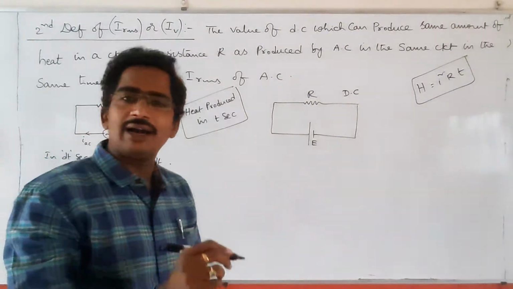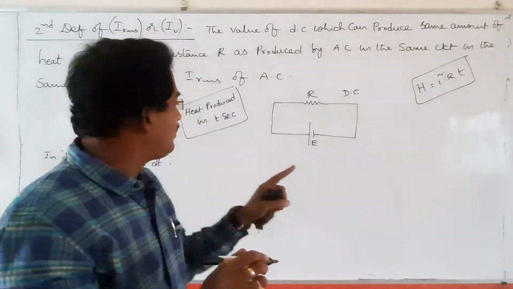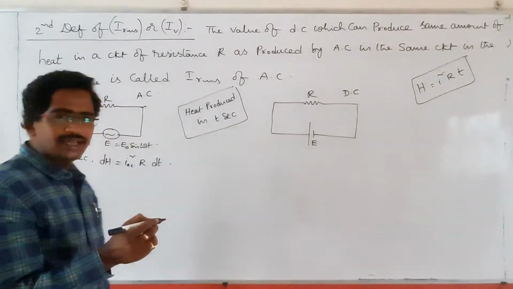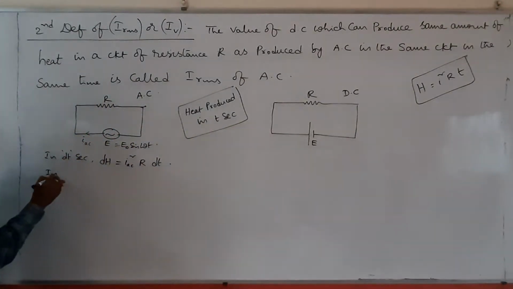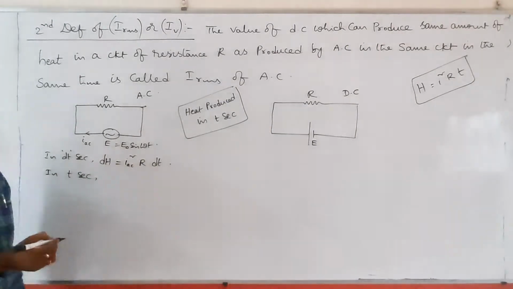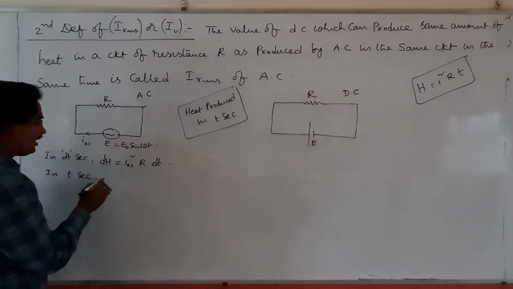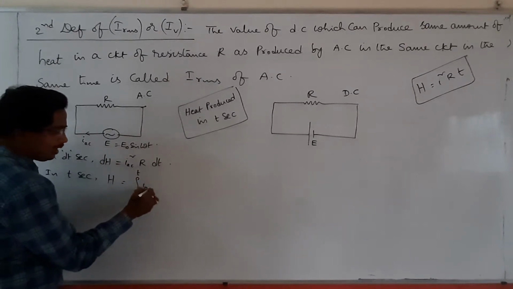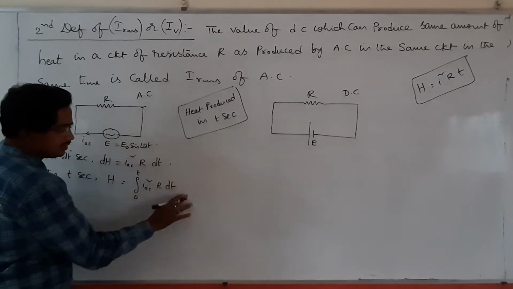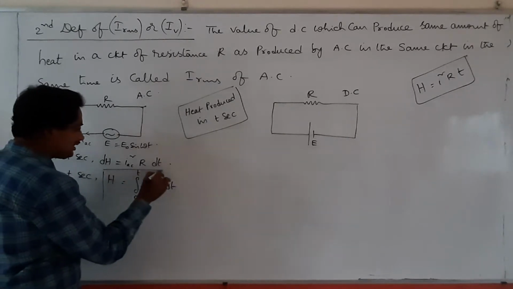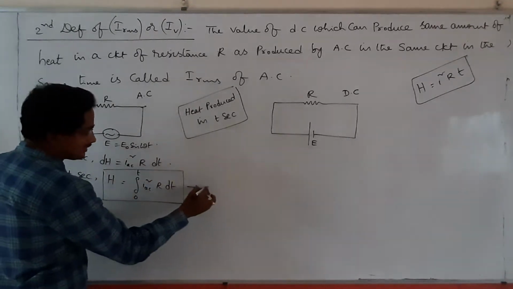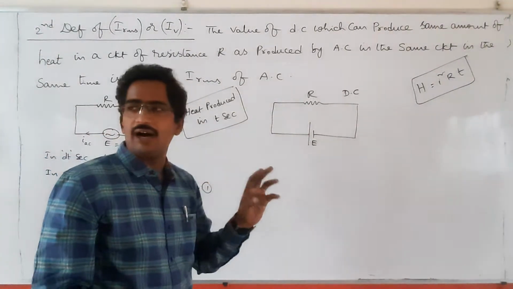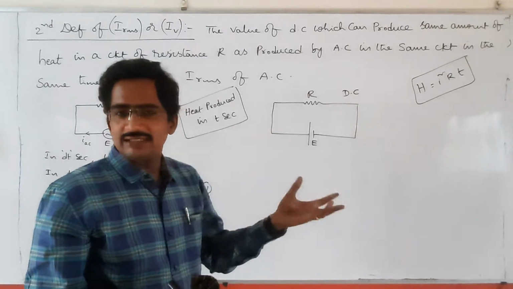In the total time of T seconds, the heat produced equals the integral from 0 to T of IAC square R dt. That is the heat produced in T seconds in the case of AC.